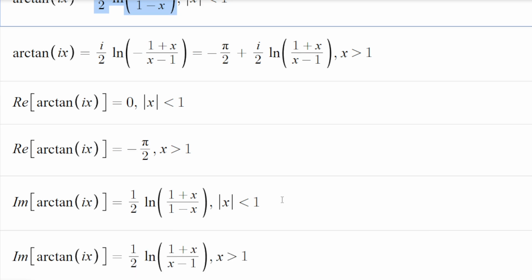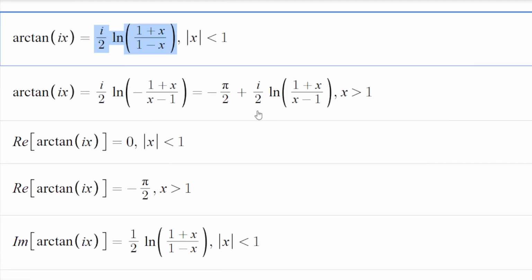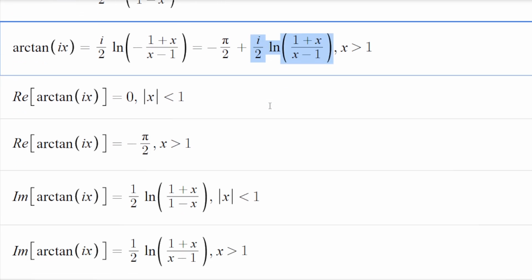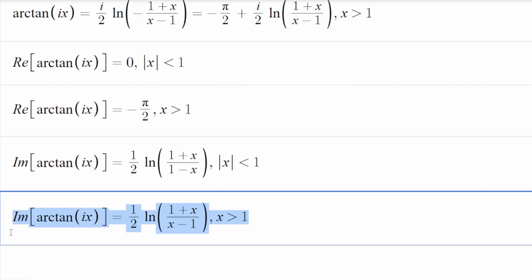And finally, to finish this off, the imaginary part of arctangent ix for x greater than 1: this part right here is always going to be real. Therefore, this part is always going to be real. Therefore, the imaginary part is just this, except with 1 instead of i. So the imaginary part is this.